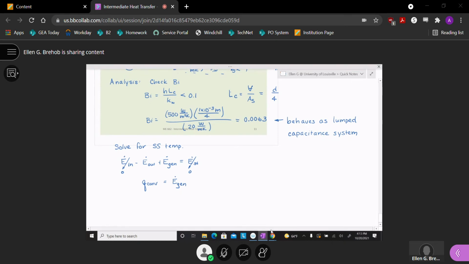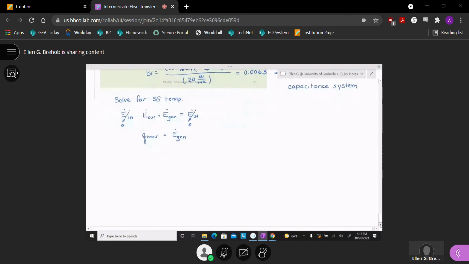And just rearranging the equation. Okay, the power generated or dissipated in that wire is going to be R I squared.